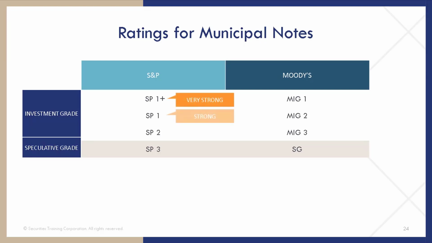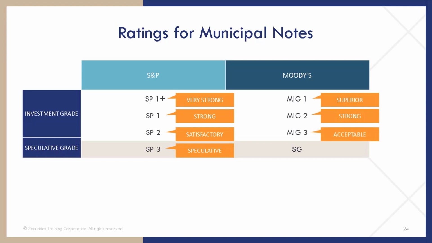SP1 plus is very strong, SP1 is strong, SP2 is satisfactory, SP3 is speculative. On the Moody's side, MIG 1 is superior, MIG 2 is strong, MIG 3 is acceptable, SG means speculative grade.